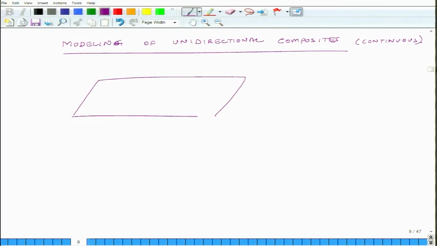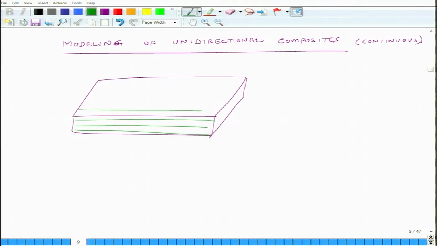For instance, if you have a single layer and it has fibers which are running in the length direction, and the end view looks like something like this, then if I pull this overall structure in this direction, let us say x, it will have some stiffness.